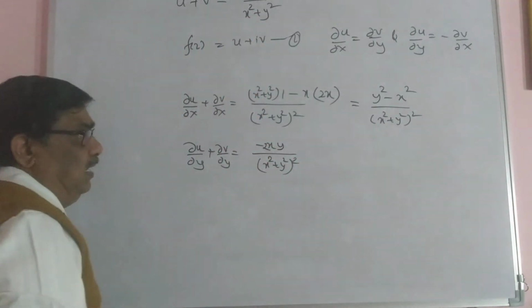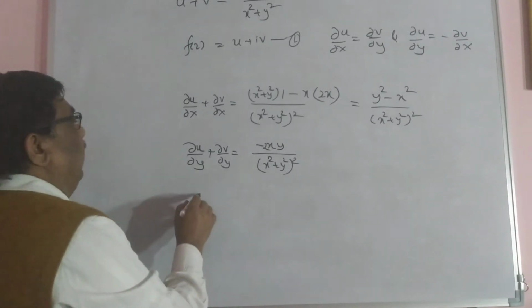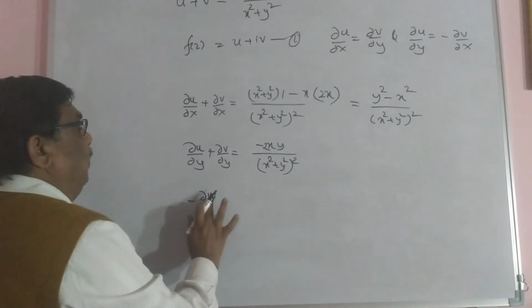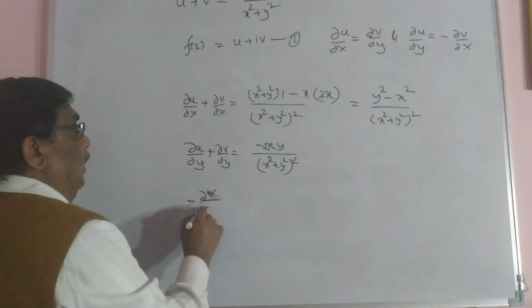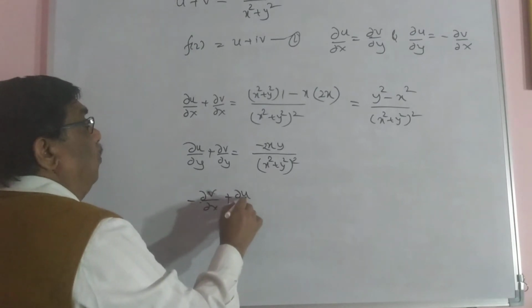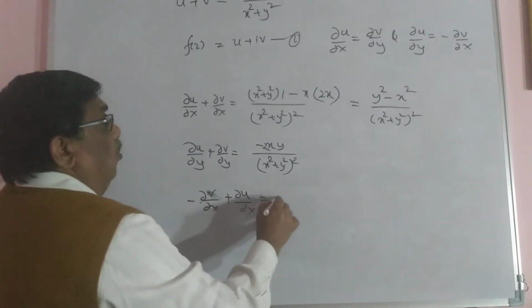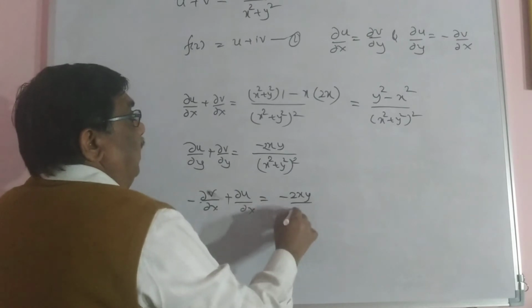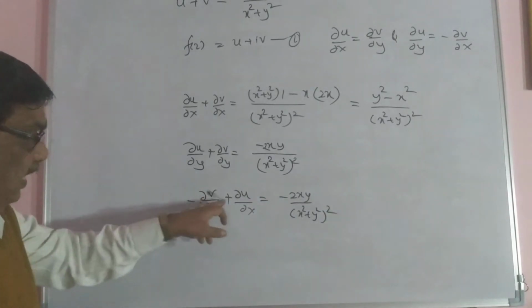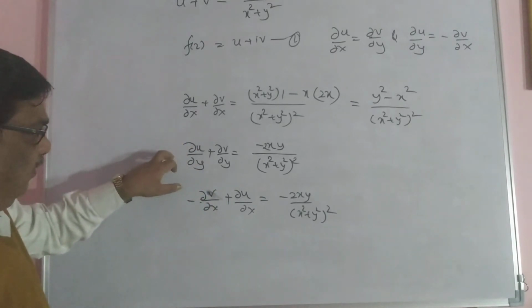If I replace this, it is minus ∂u/∂x plus ∂v/∂x equal to minus 2xy divided by (x² + y²) whole square, by the CR equation. This I have replaced.